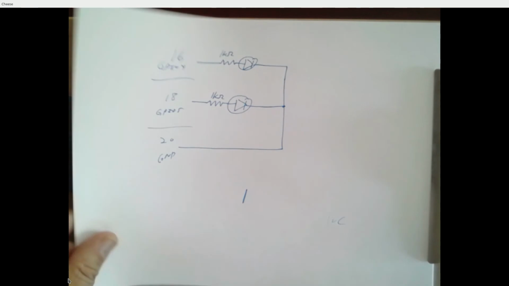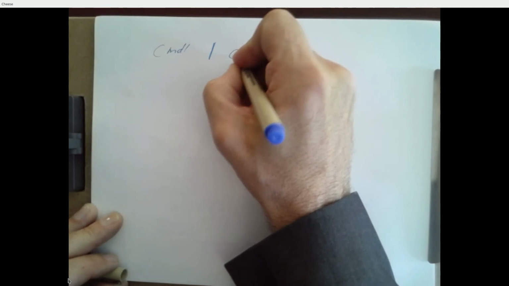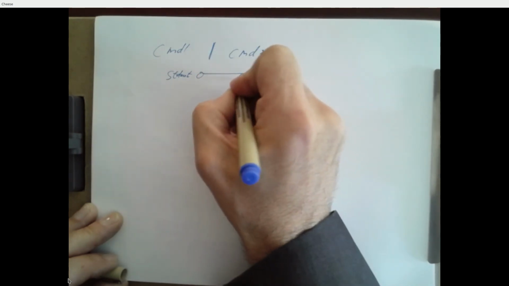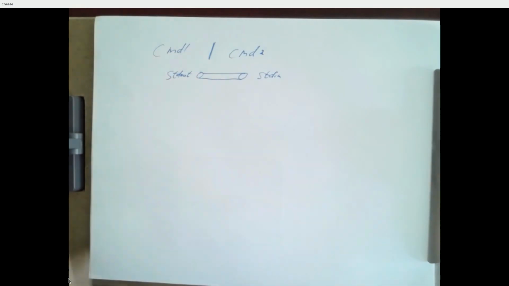So this is all in the realm of input-output processing. So command 1, pipe, command 2, basically says take standard out, feed that to one end of a pipe, and on the other end of the pipe, connect standard in of this second command.